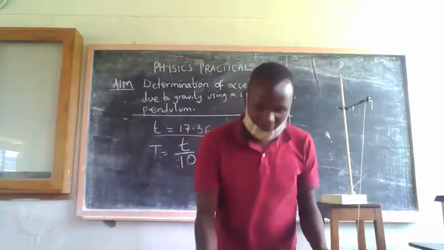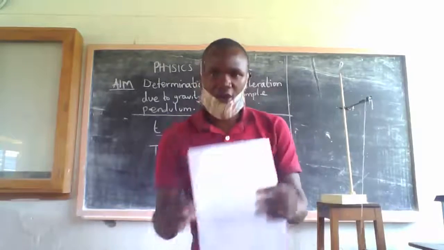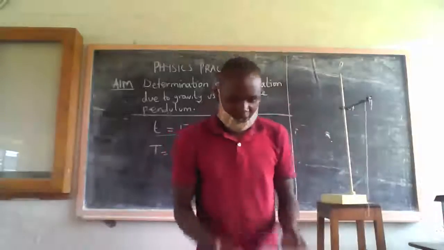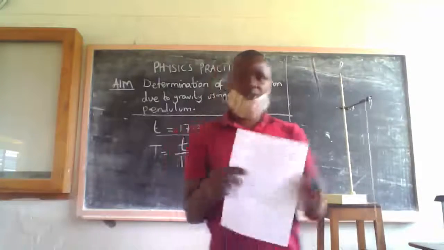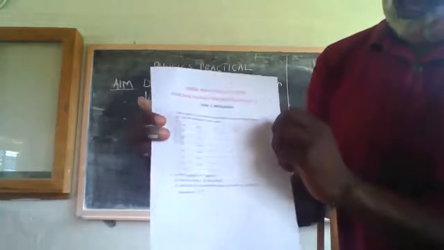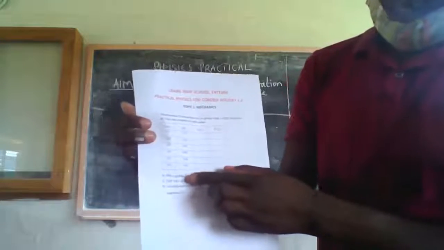Then we shall have our complete table of results with the values of small t recorded. After that, we have questions that follow. Question 1 says, plot a graph of T squared against L.